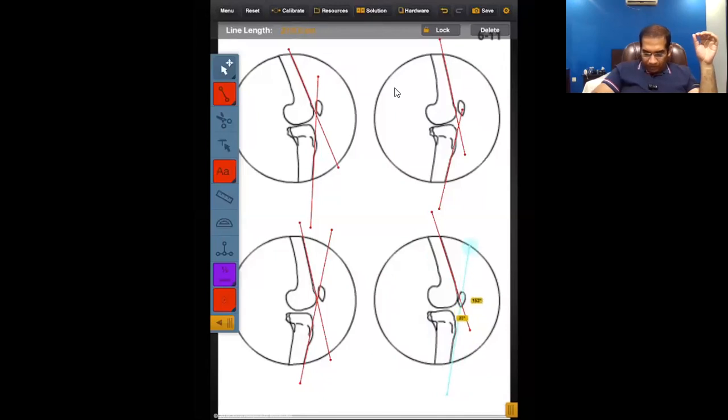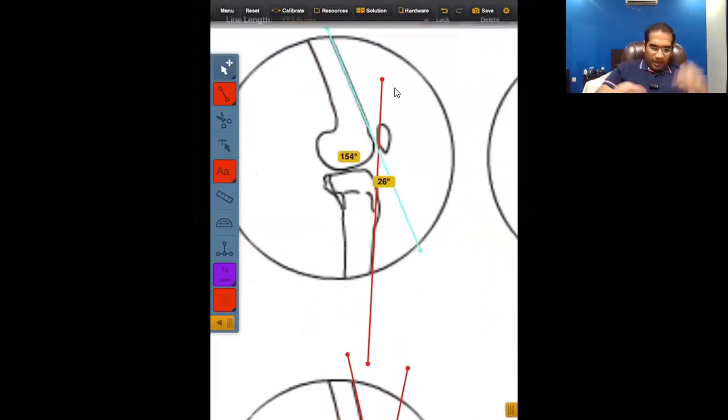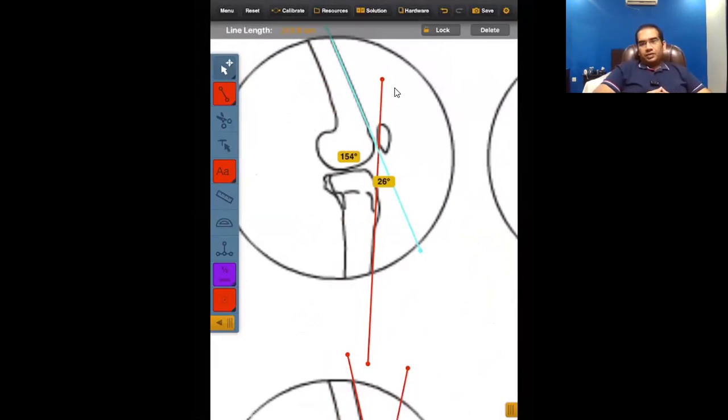Here in all these scenarios, as you can see, let's discuss the first part. Look how much the flexion there is. The two lines are meeting at an angle of 26 degrees. So you'll say that there is a fixed flexion deformity of 26 degrees.